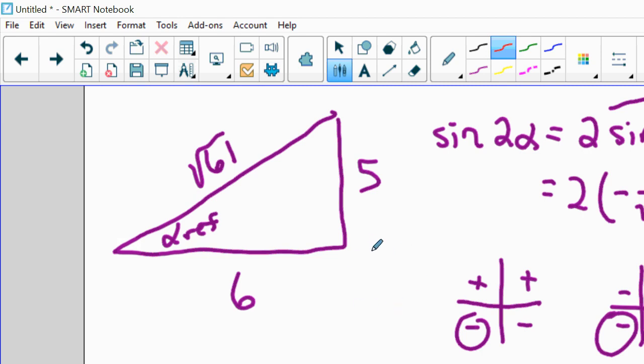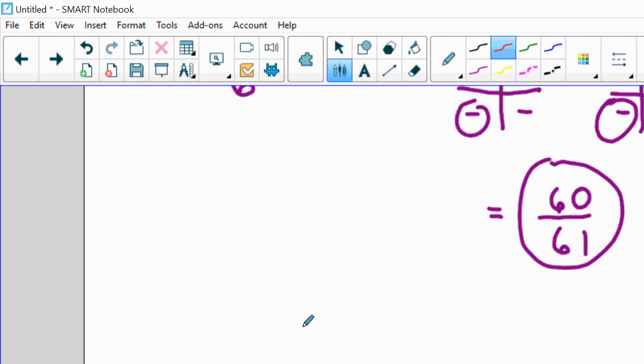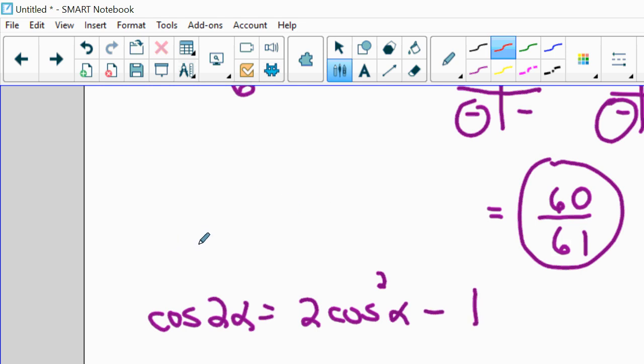And we can do it for any formula. So I can do cosine of 2 alpha. I got 3 choices. I like this one, 2 cosine squared alpha minus 1. 2 something squared minus 1. But I just did cosine alpha.